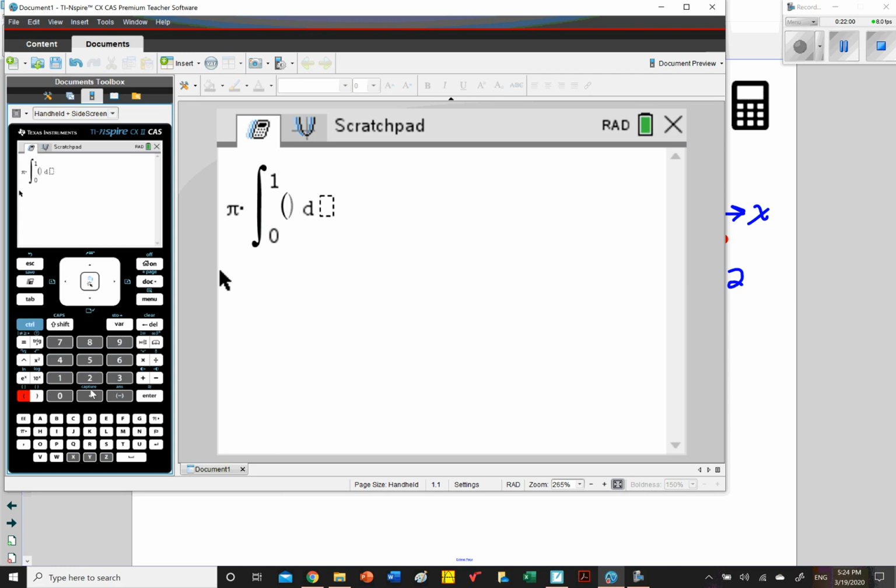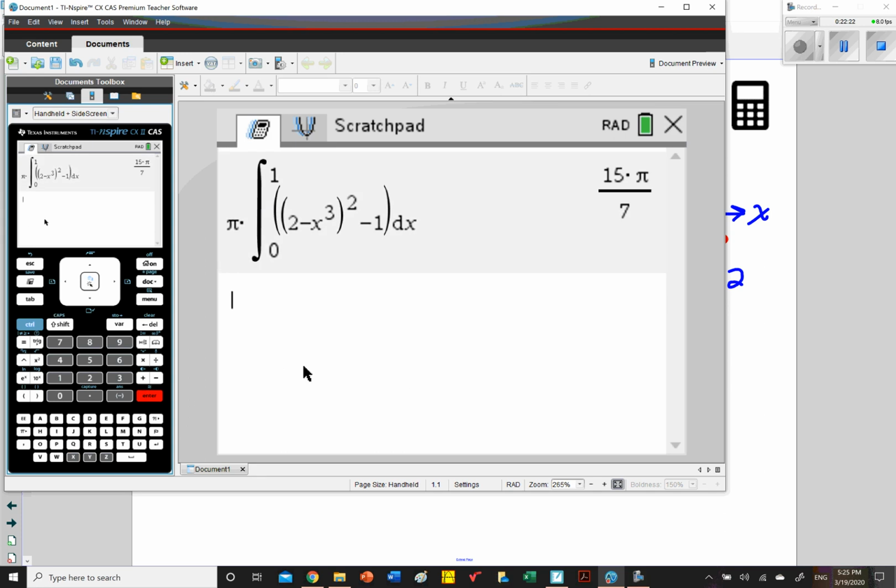I'm just going to use x's. 2 minus y cubed, quantity squared minus 1 squared dy. 15 pi over 7, and 15 pi over 7 is about 6.732.